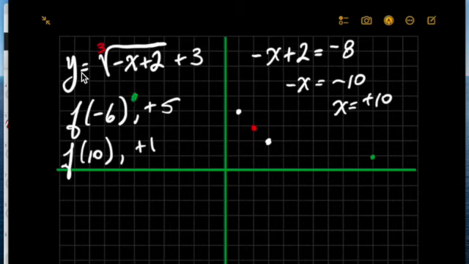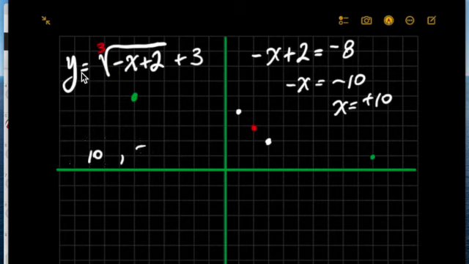Okay. We now have enough points to accurately graph this. We could see that the vertical distance on this graph is perfect, as indicated by the absolute value of a being 1. So let's go ahead and draw that.